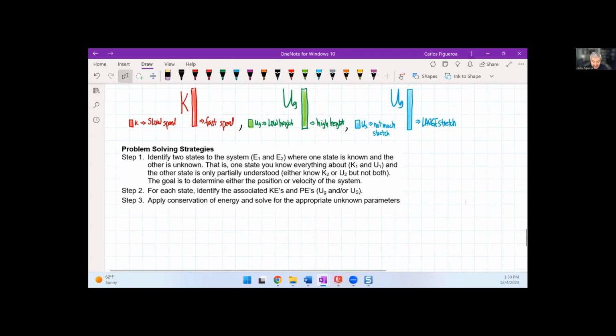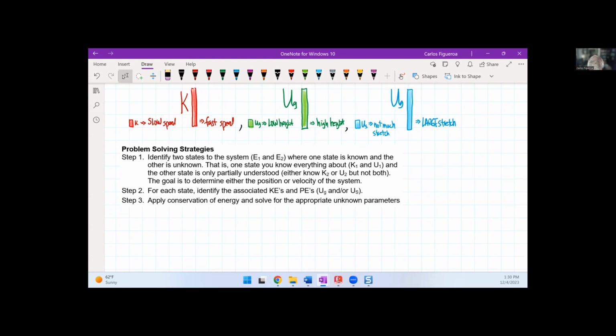Okay, and then let's look at some examples of just setting some things up here. So it says here, step 1, identify 2 states of the system, where one state is known and the other is an unknown state. That is, one state you know everything about. That means you know its speed, you know its height, you know its spring compression.